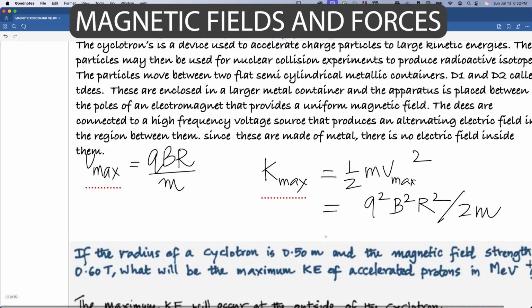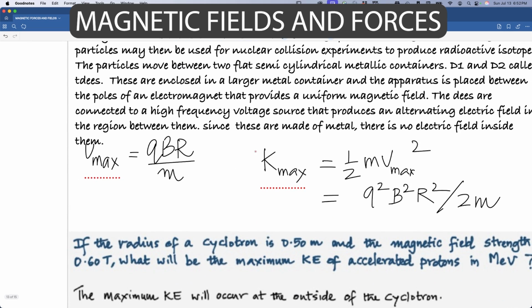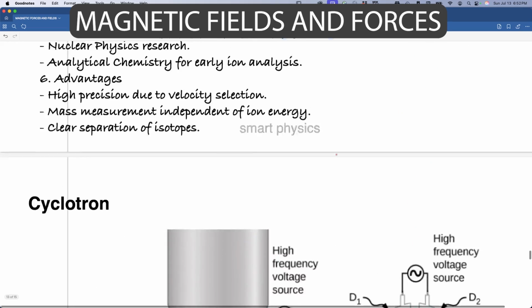What we need here is just to find the maximum kinetic energy of those particles that come out. Now, kinetic energy is 1/2 mass velocity squared. All we got to do is go back a few pages and look at what we got for velocity. Okay, let's go back.